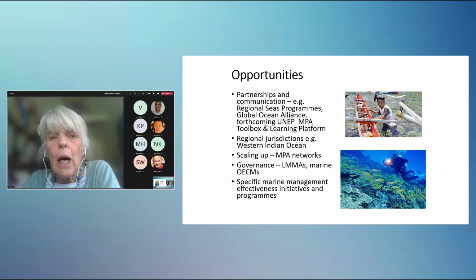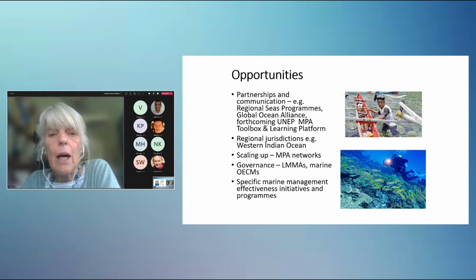The other area where there's particular focus in marine, of course, is community managed areas, with the development of the LMMA network, locally managed marine areas, which is now well established with many sites established and being managed together as networks now. So this will need to be looked at.